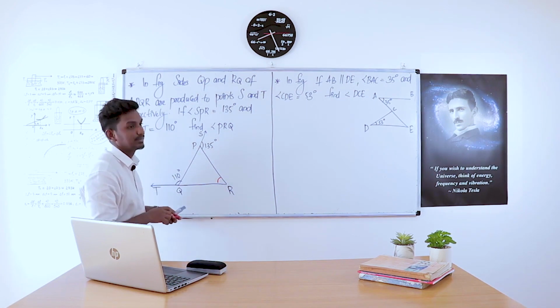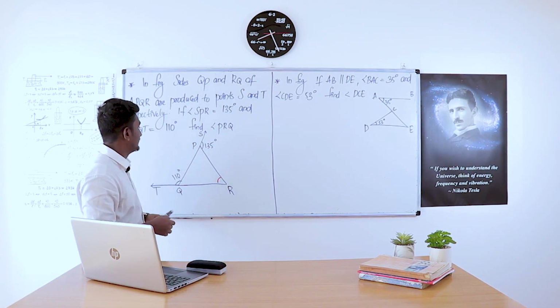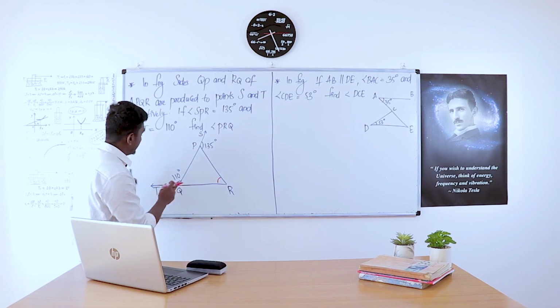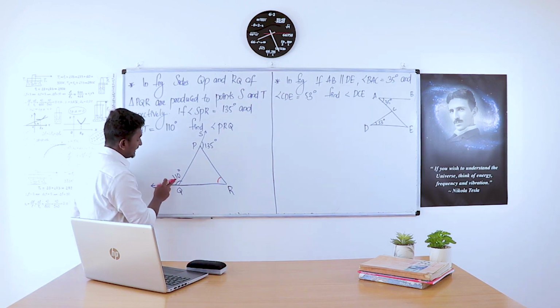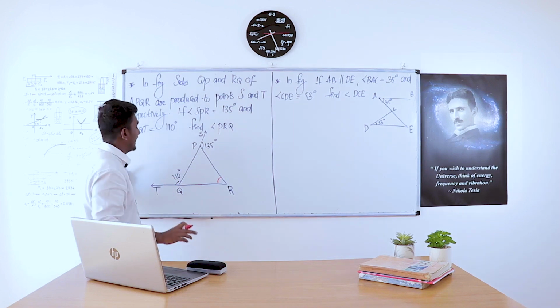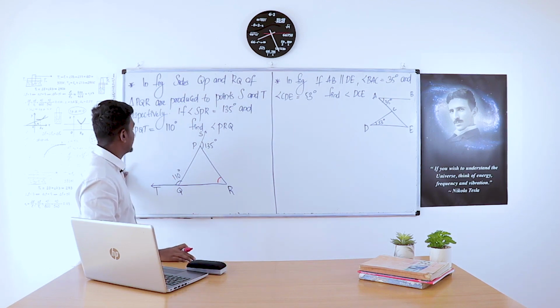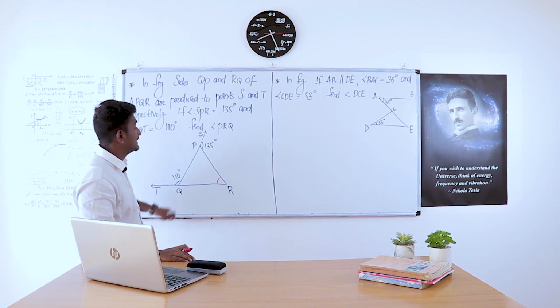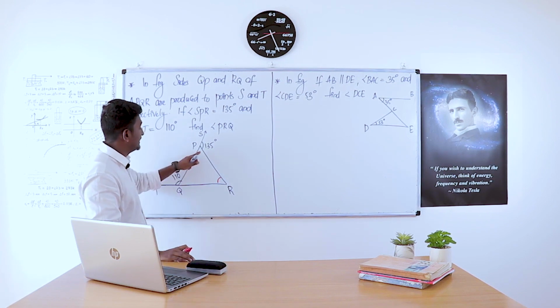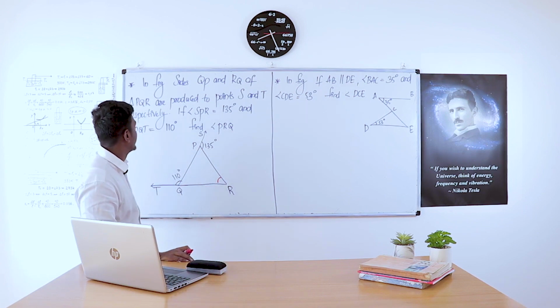How to find this? It's simple, we can find. Look, angle PQT is 110 degree. We know that an exterior angle is the sum of the remote interior angles. That means PRQ plus QPR gives 110 degree.